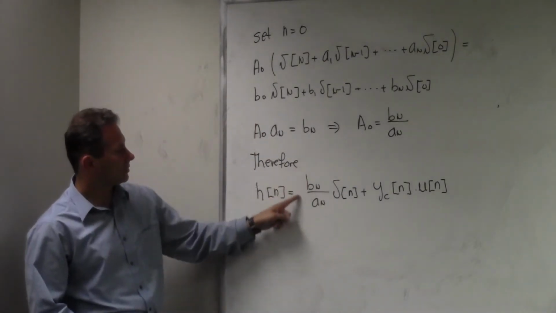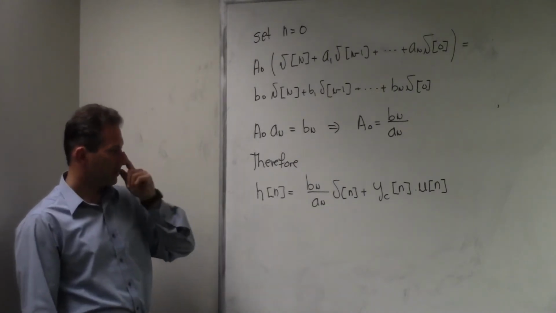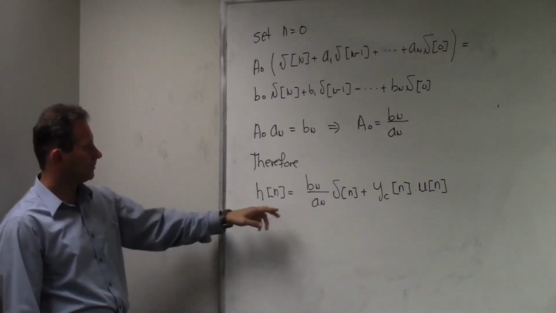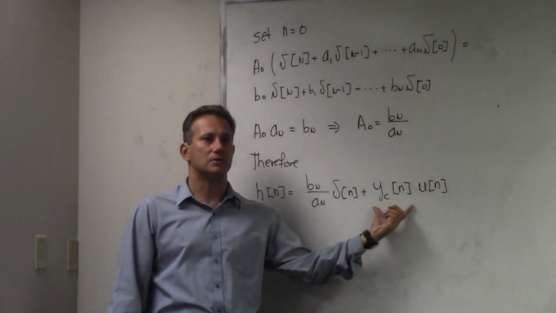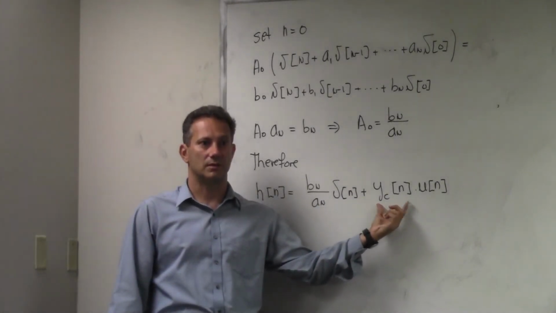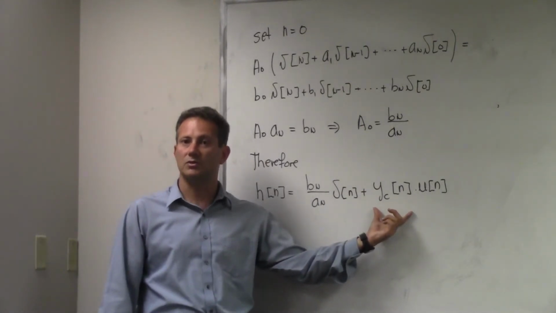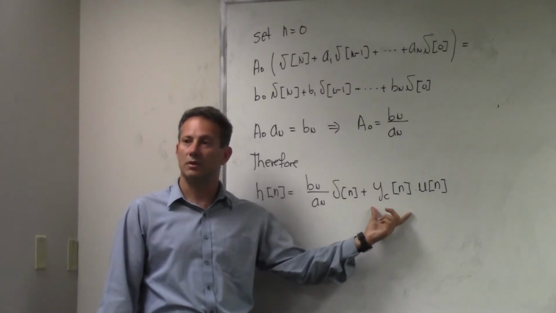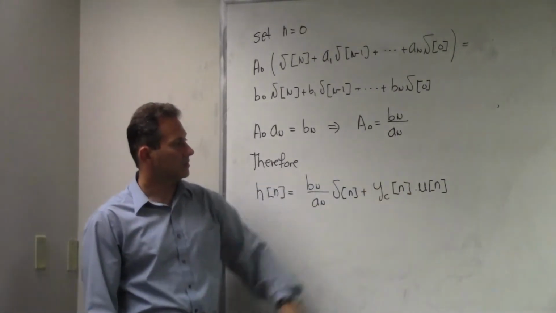We solve the value of this coefficient here that gives us the value of the pulse in the impulse response, but we still have n coefficients to solve in this case, right? We have still n constants here, each one associated with one of the natural modes of this part of the impulse response.